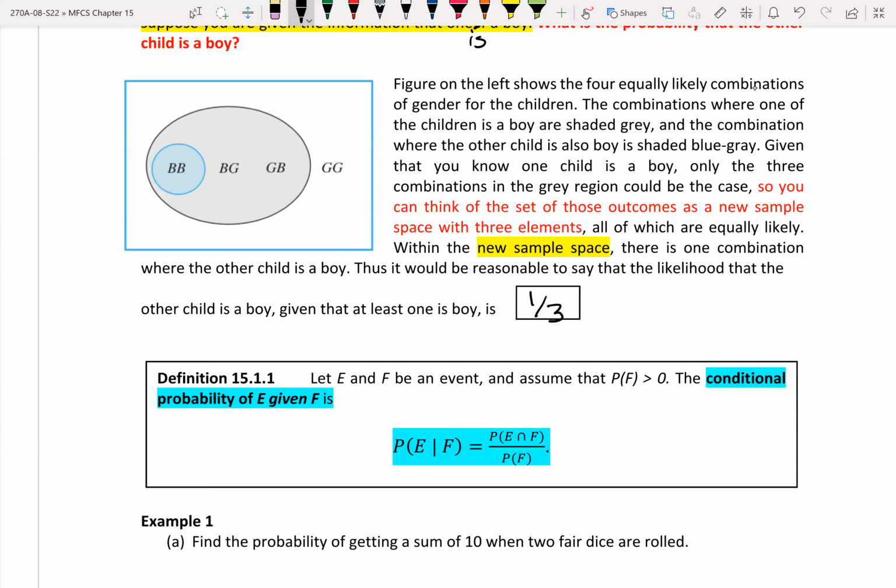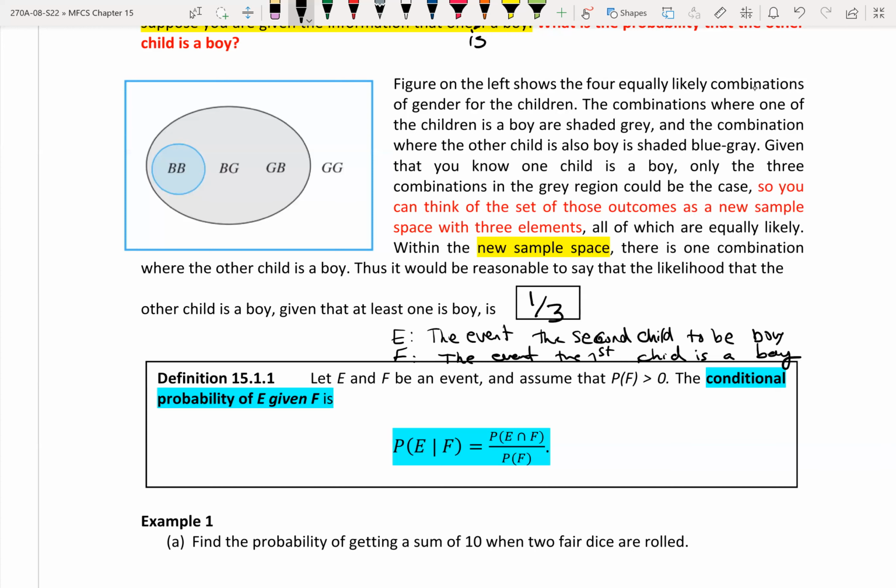So E is the event in this case, what you're looking for: the second child to be a boy. And F in this case is the event that the first child is a boy.